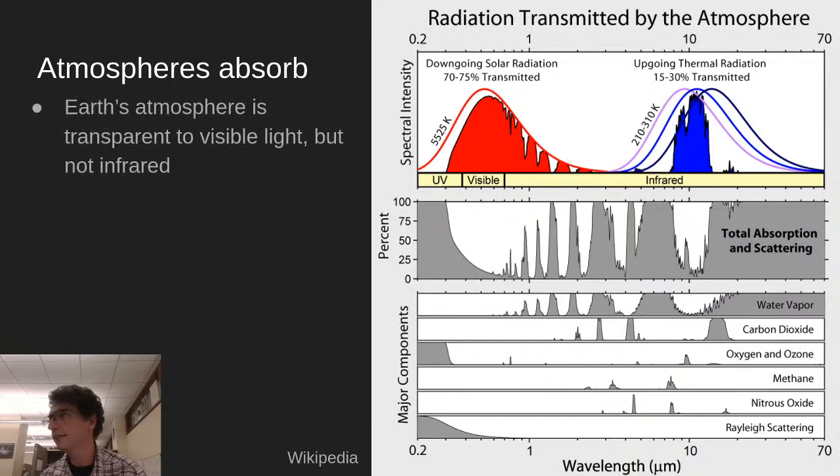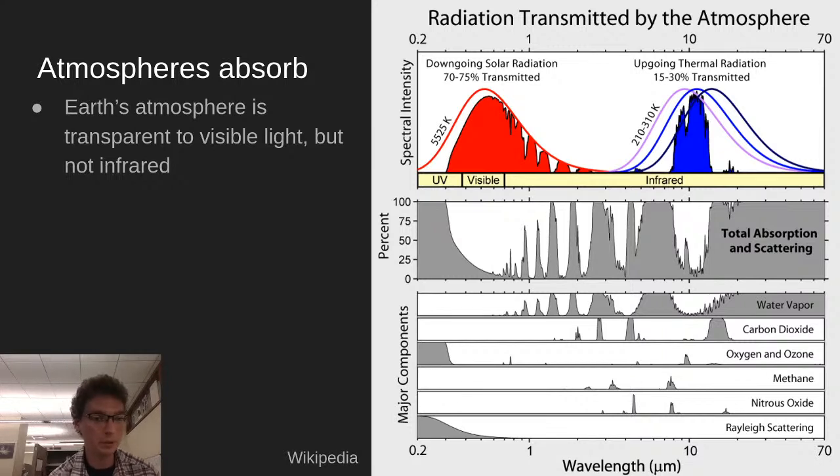So I've plotted here the Earth's atmosphere, and this is how much light is getting absorbed. So this is visible light, this is what we see, and you'll notice that there is very little absorption or scattering at visible wavelengths, which is good because if our eyes are going to work, we need the atmosphere to not absorb light.